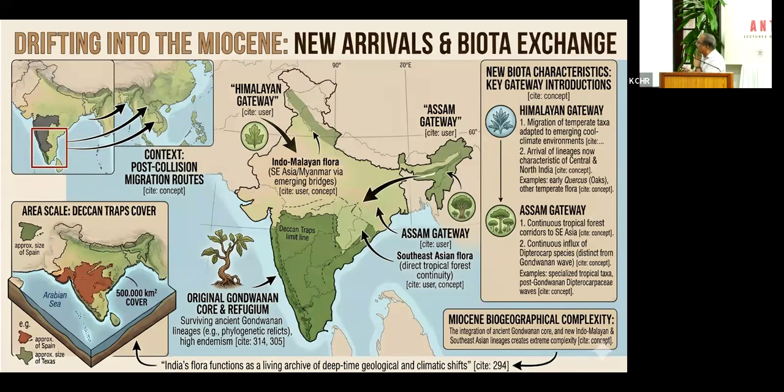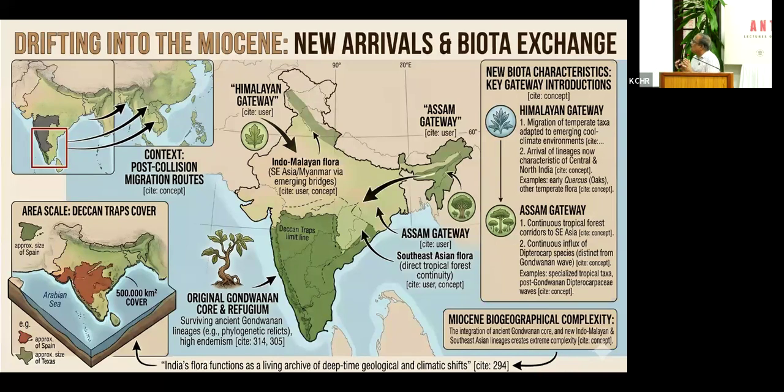So that is bringing a lot of complexity into the flora of the southern Western Ghats, the Western Ghat region. Basically, this is happening in the next phase, that is the Miocene epoch of the Cenozoic era. That is the period when this kind of migration and stabilization of species is happening.